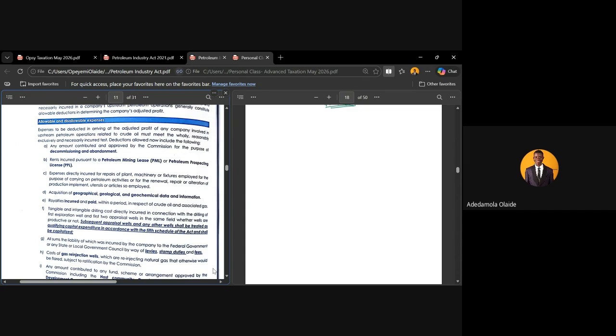If they incur cost for gas reinjection well, okay, gas reinjection is when a company is doing exploration of crude oil now, sometimes they will explore gas with it.